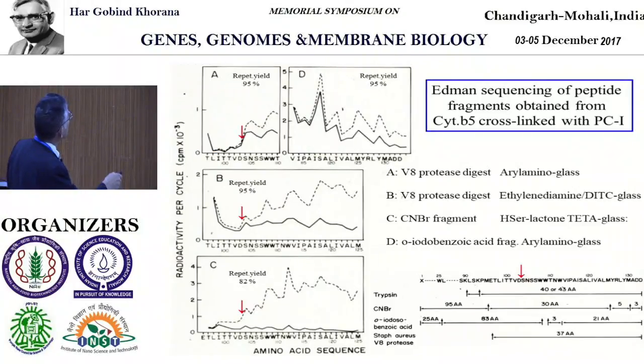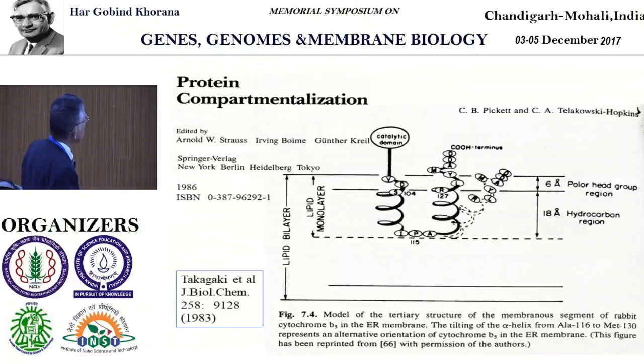I corrected the value for repetitive yield in the dotted line, and these are the distribution of the cross-linked area, starting from serine here, serine here, serine here, serine here. Many times it was the same.